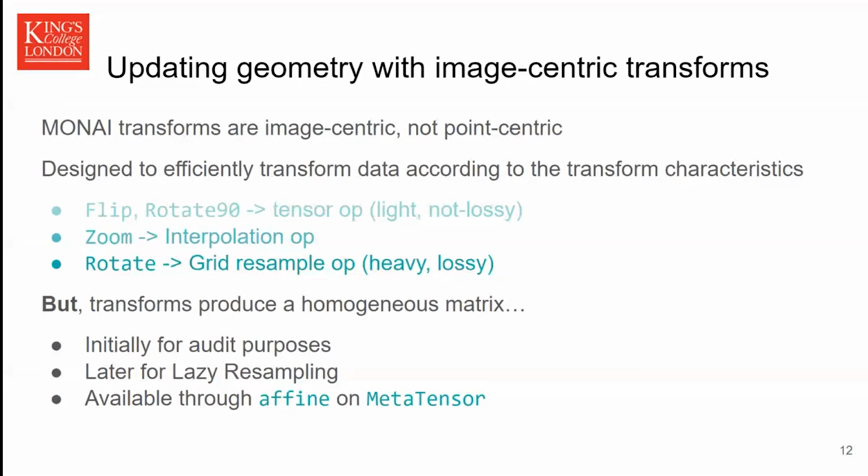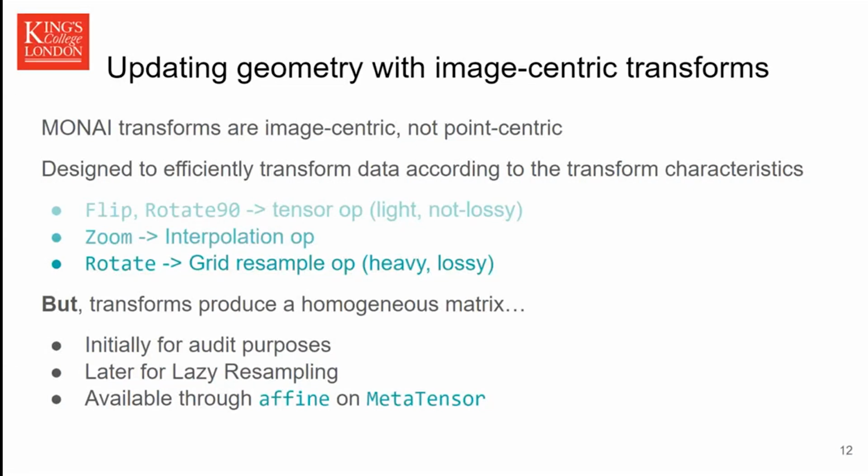So if we're doing flips or rotate 90s, to be honest, we're not going anywhere near geometry or geometric operations. We're really just performing operations on the tensor. These tend to be computationally very light, and they tend to not be lossy as well. So we're getting no floating point errors or gradual degradation of accuracy.